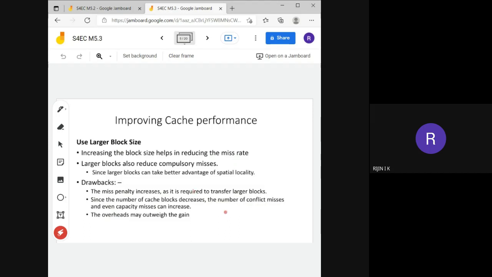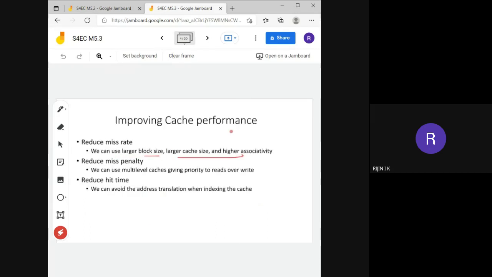Another drawback is that the overhead may outweigh the gain. So these are some of the drawbacks when we use larger block size for improving cache memory performance. Next after larger block size comes larger cache size.